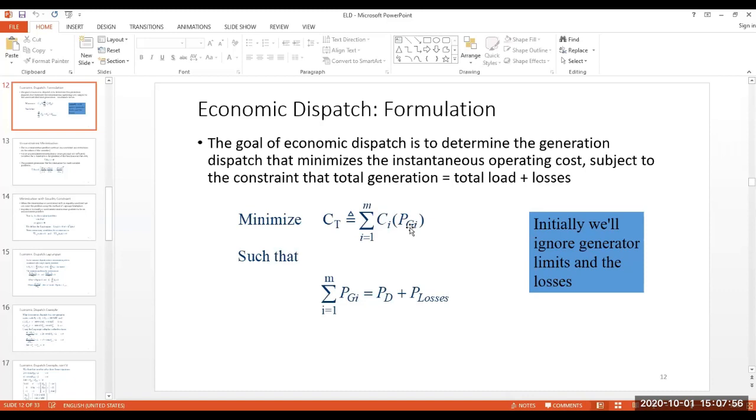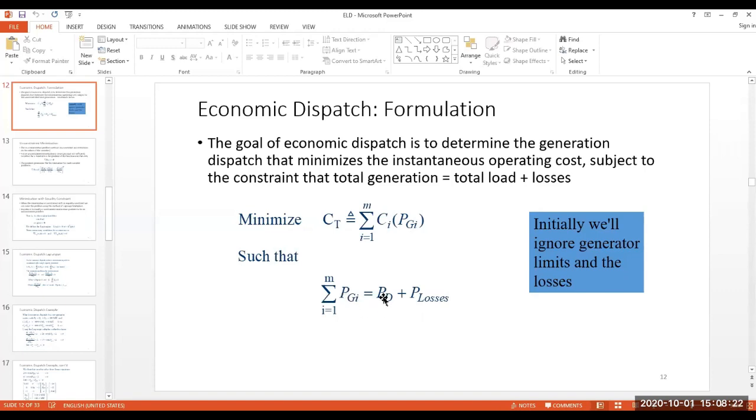We can easily treat them as our xi: x1, x2, x3, PG1, PG2 up to PGM. So this is my f of x, here it is a function of PGI. And this is my g of x. You see here also I have the presence of the PG variables. And I should write it in terms of g of x equal to 0.